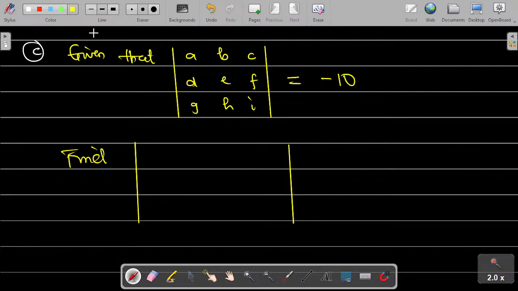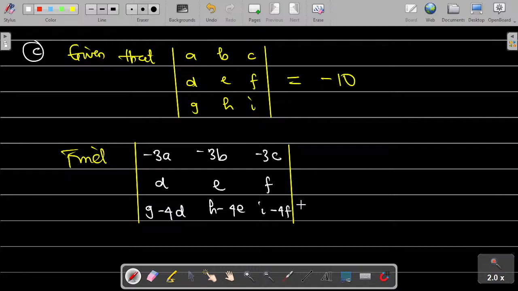The values there are minus 3a, minus 3b, minus 3c in the first row, then d, e, f, and then g minus 4d, h minus 4e, i minus 4f. So what are we going to do there?